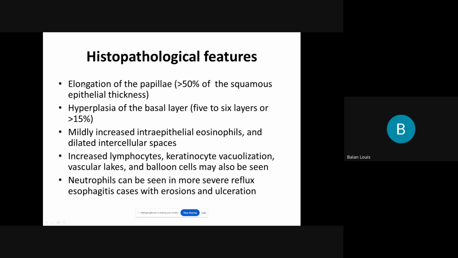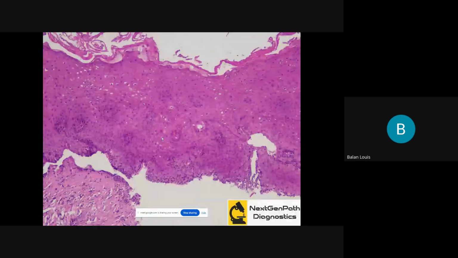For example, when you look at a properly oriented biopsy, there is elongation of papillae, which may be more than 50% of the squamous epithelial thickness. And particularly among all the layers of the esophagus, there is basal cell hyperplasia. The layers range from 5 to 6 layers to more than 15% of the thickness of the squamous layer.